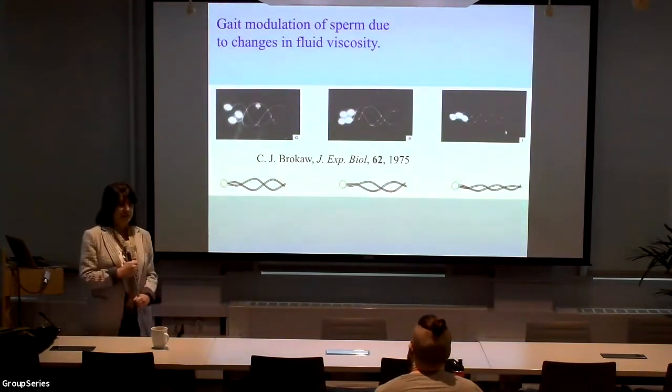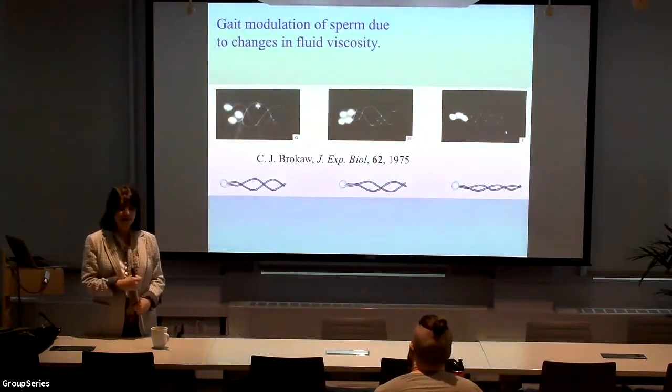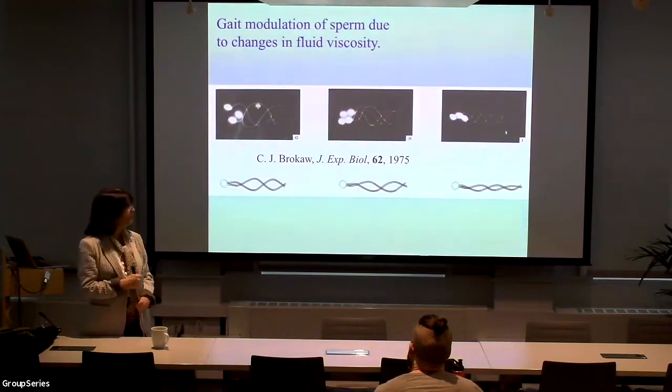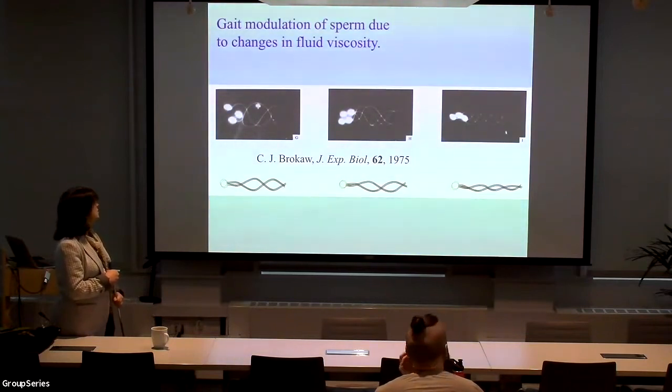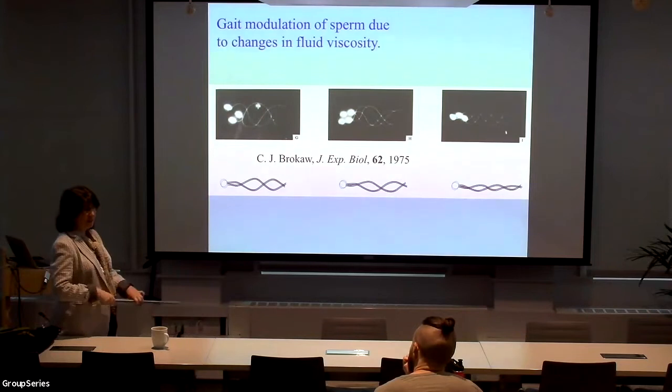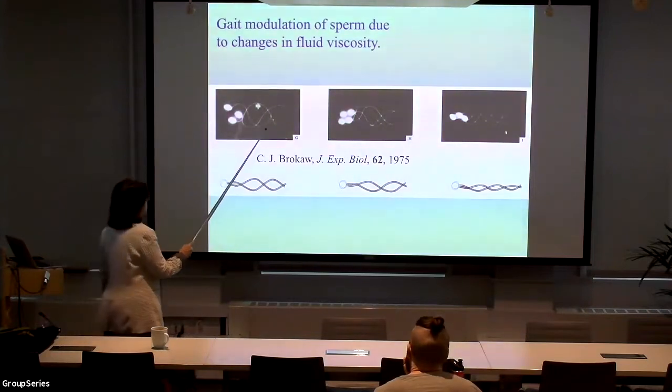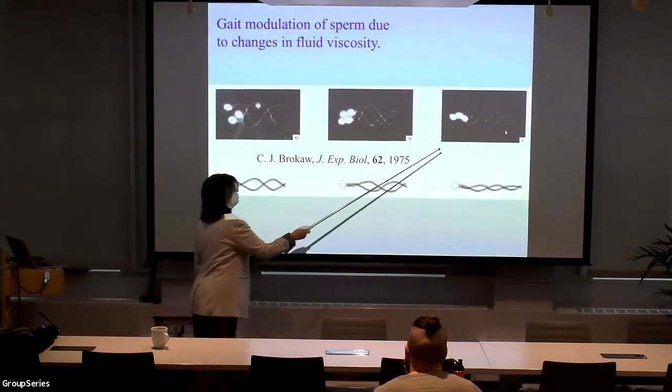1975. If you take this sperm, I think this is maybe a sea urchin sperm, I'm not sure, the same creature, and then you put it in fluids of different viscosities. And here are some snapshots by Charles Brokaw.